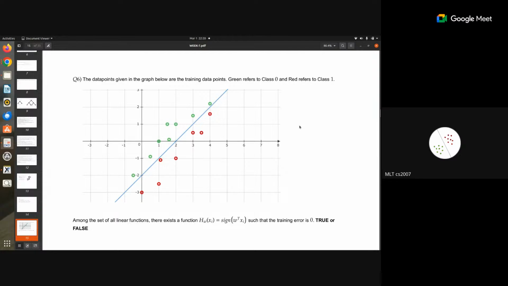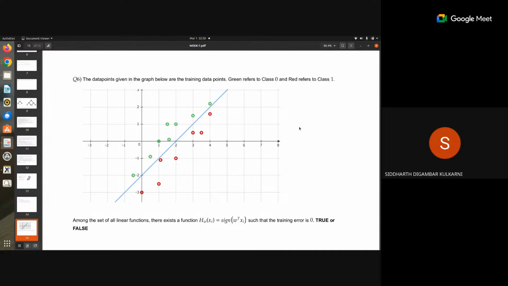The vector minus 1, 1. Yeah, that is correct. Any vector perpendicular to this line works. The only vectors perpendicular to the blue line are minus 1, 1 or 1 minus 1.